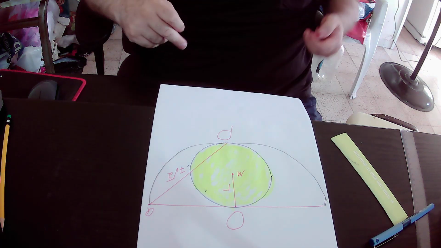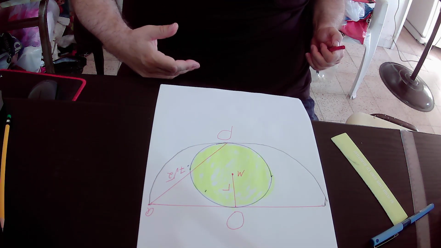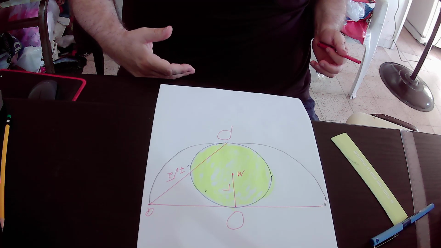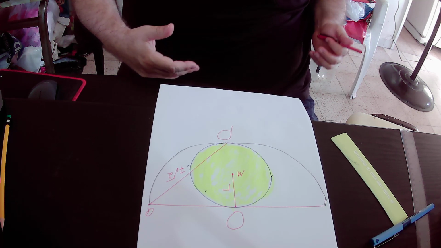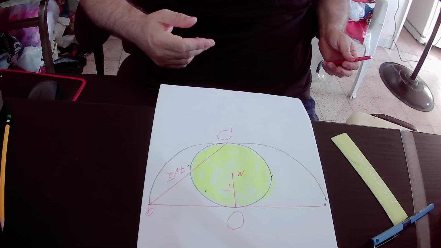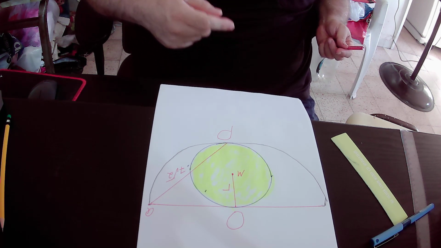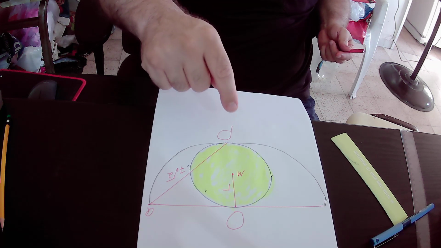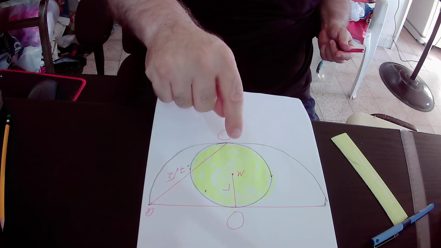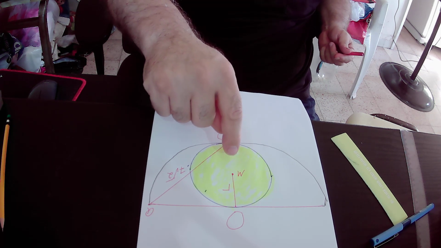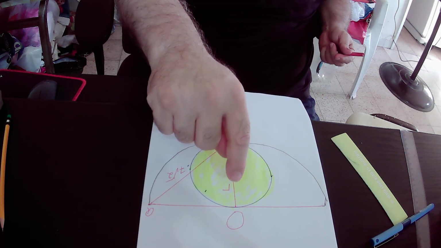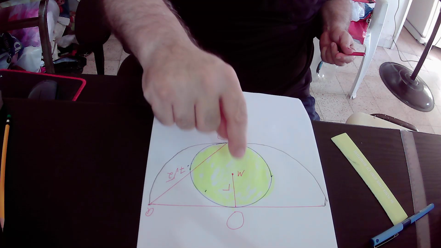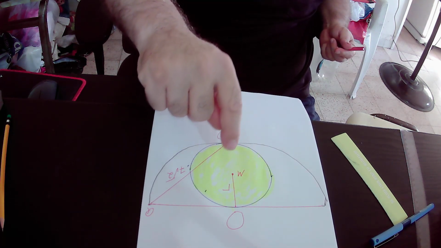A radius of any circle is defined as a line segment that starts from the center of the circle and ends at any point on the circle itself. The line segment MO starts from point M, the center of the yellow circle, and ends at point O, a point on the yellow circle itself. For that reason, MO is the radius of the yellow circle.